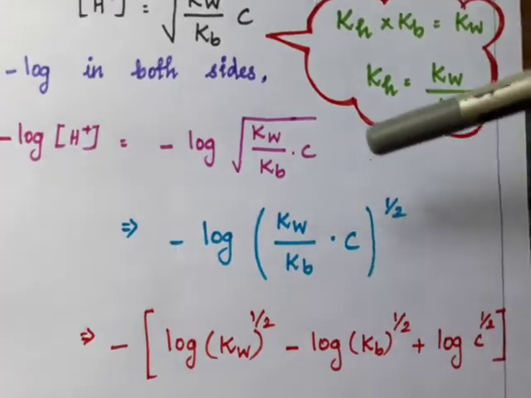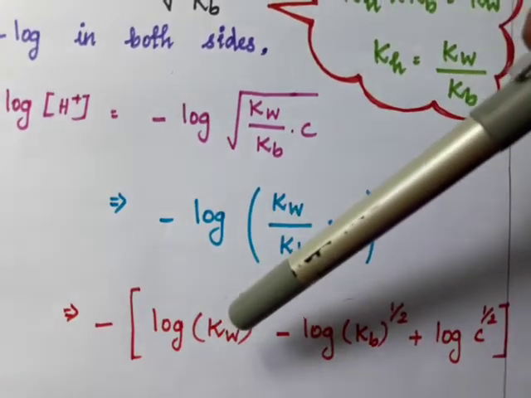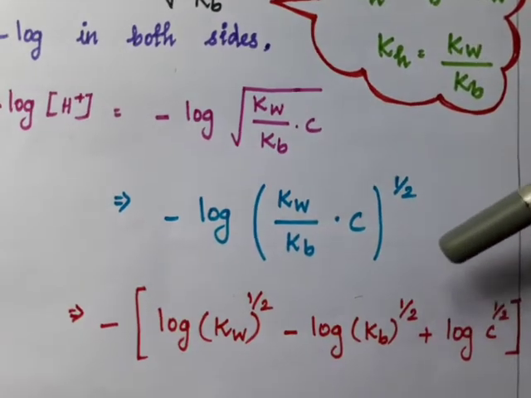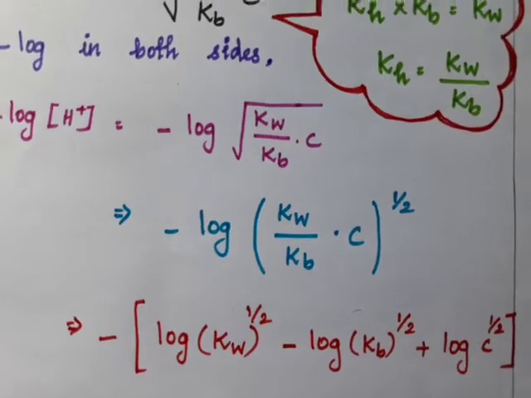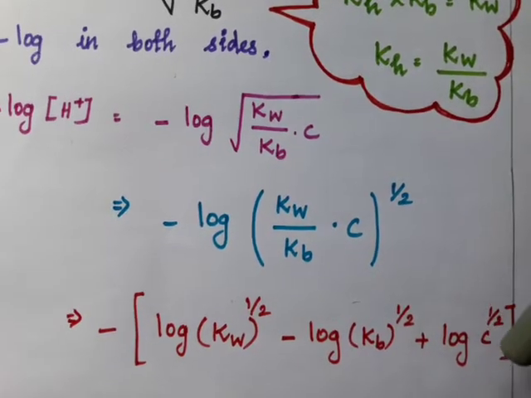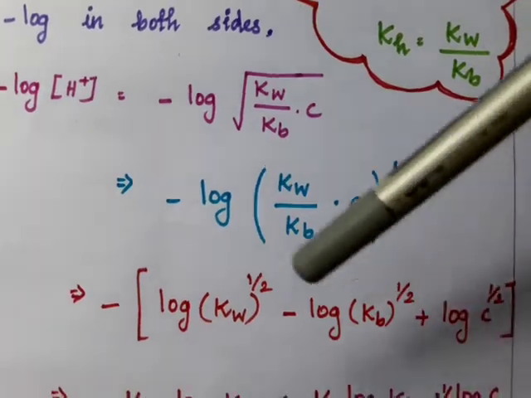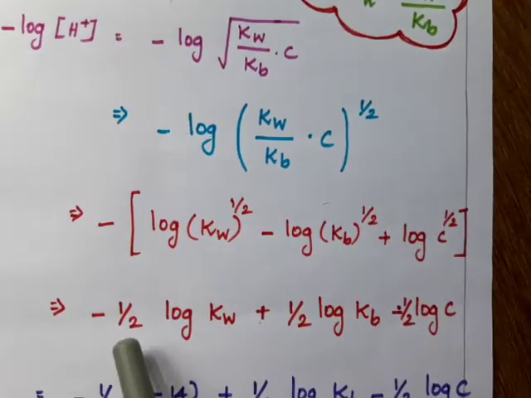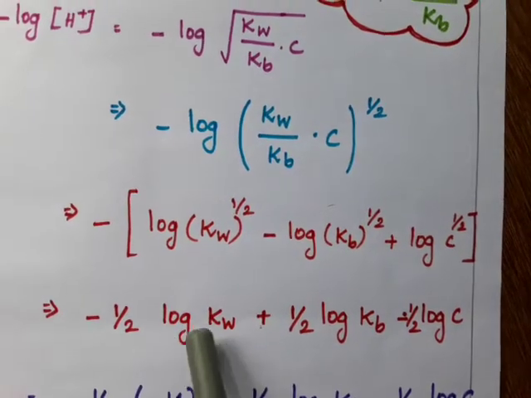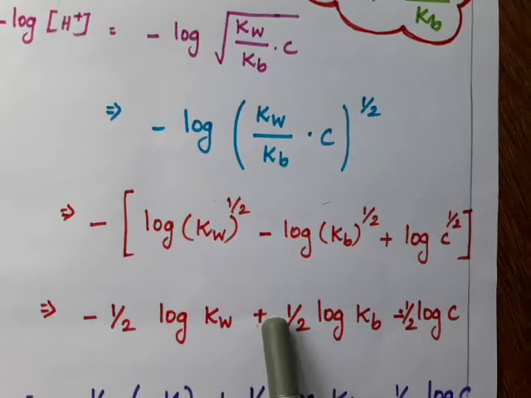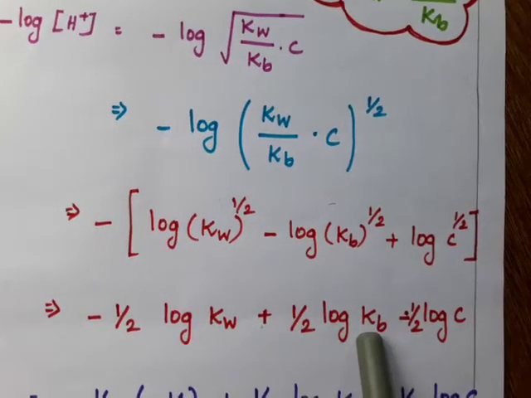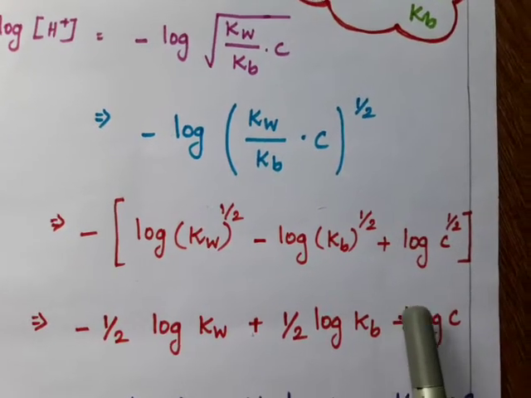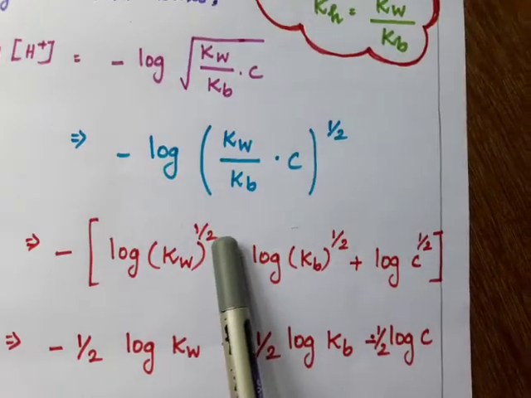By using the rules, we can write log of Kw to the power 1 by 2 minus log of Kb to the power 1 by 2 plus log of C to the power 1 by 2. Let me take this minus inside. We will get minus 1 by 2 log Kw plus 1 by 2 log Kb and minus 1 by 2 log C. So I have taken the power to the front.